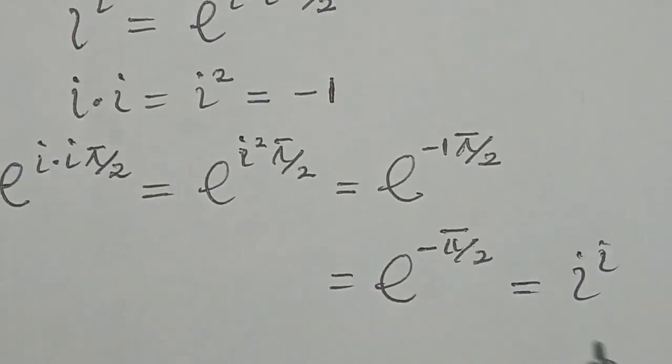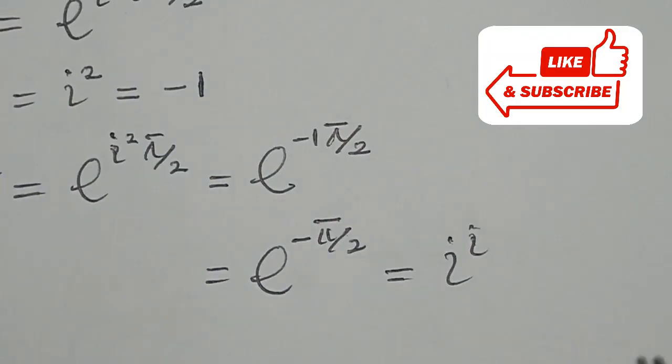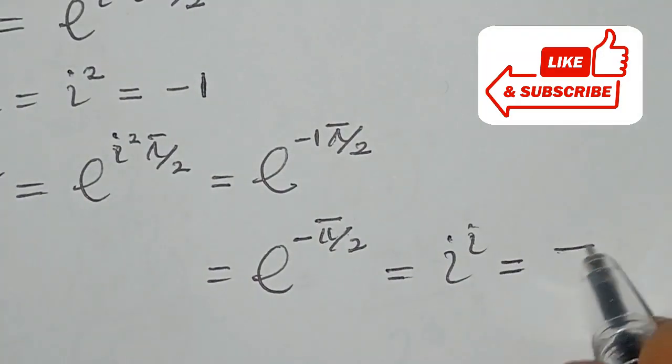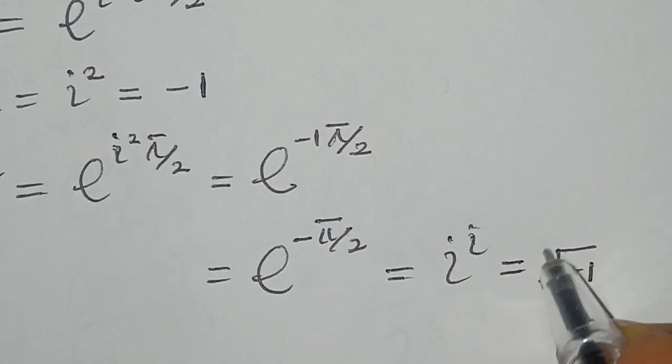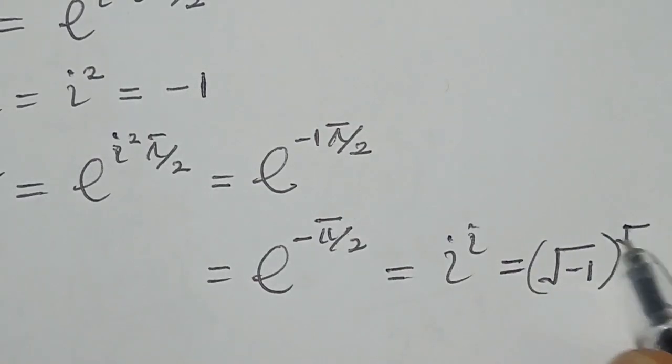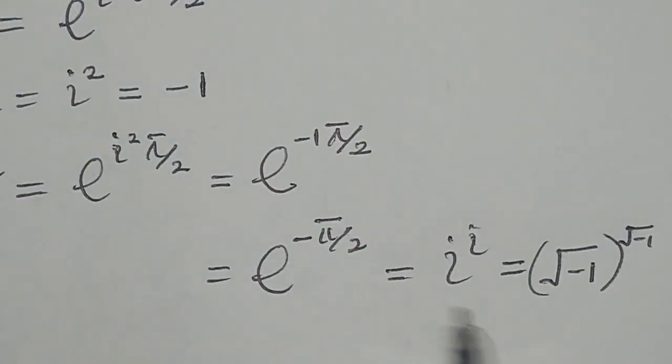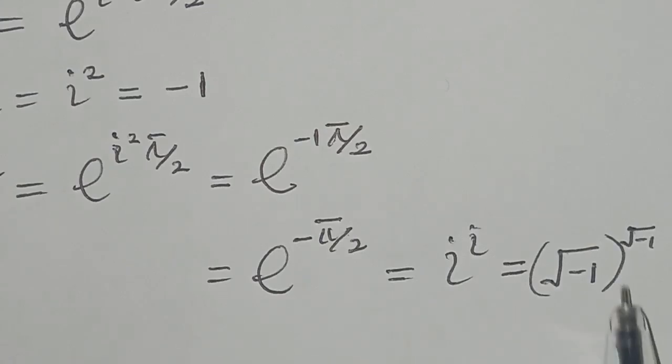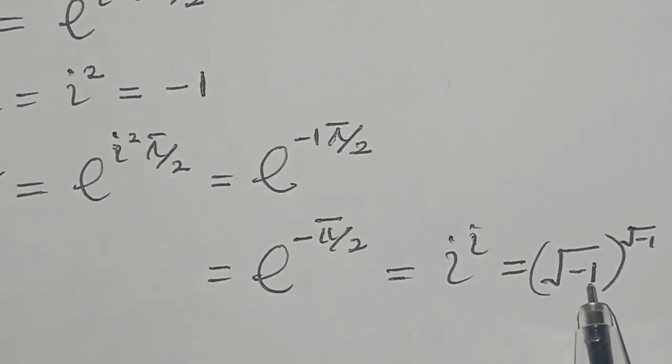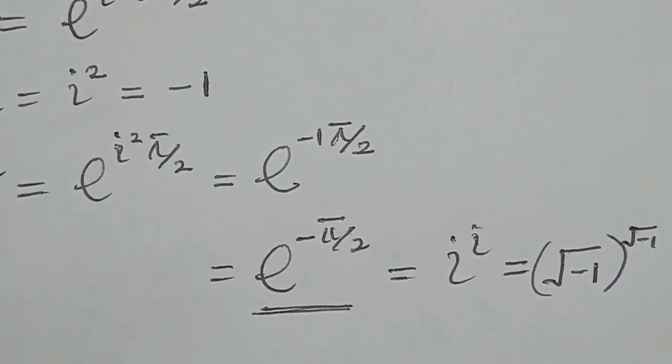So this is going to be our value of the expression we have earlier, square root of minus 1 to the power of square root of minus 1. This is the value for our expression, and it will be the final answer.